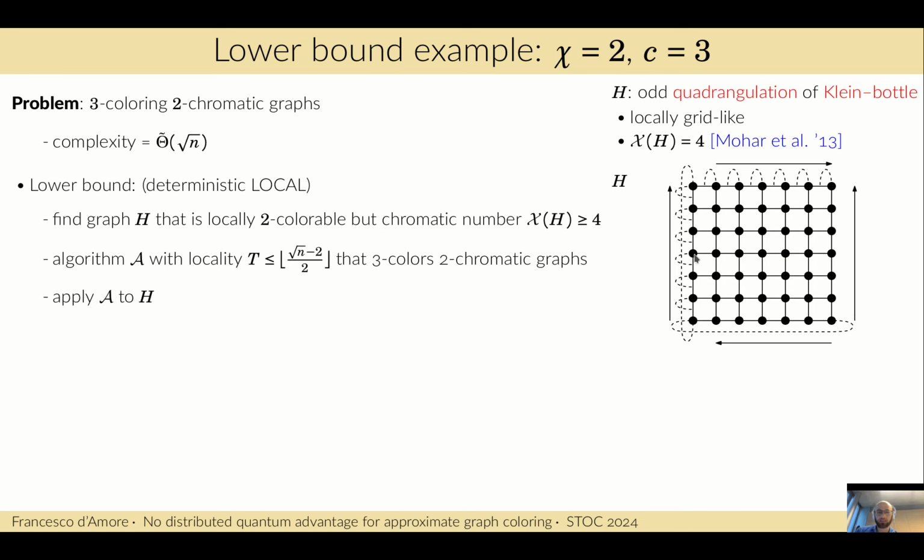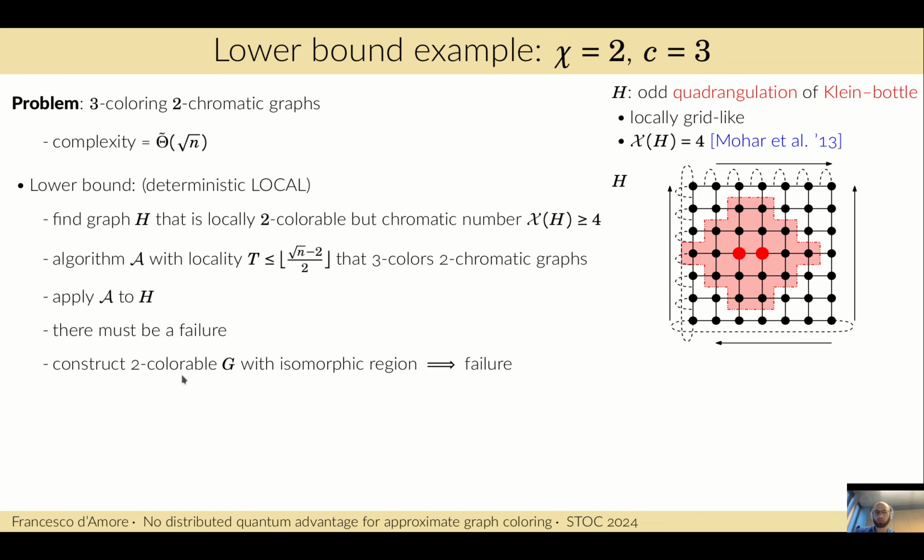Now we apply this algorithm to H, which is always possible because of what we just said. But of course there must be a failure, because H has chromatic number 4. And a failure means here that two adjacent nodes will have the same color. Now let's fix the T views around these two nodes, which will still be a grid because T is small enough.